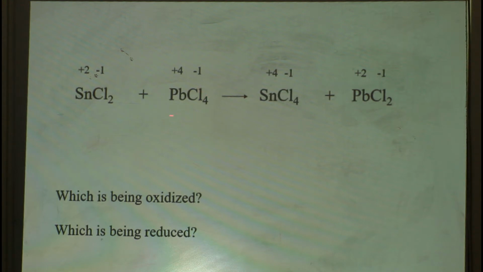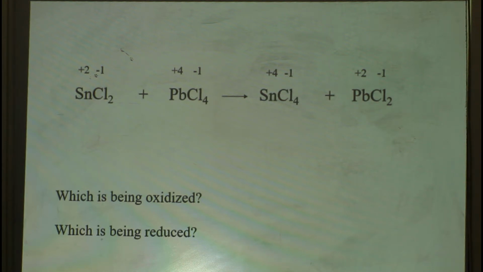Let's look at the lead. The lead moving from +4 state to +2 state, so there has been a reduction in oxidation number. So we say the lead tetrachloride has been reduced.